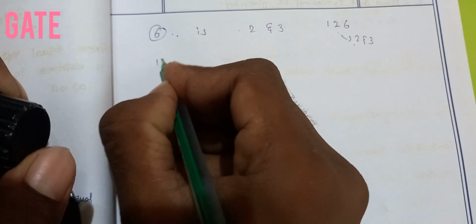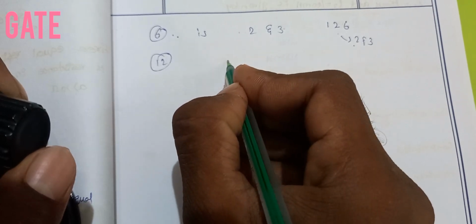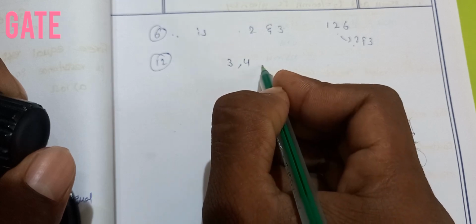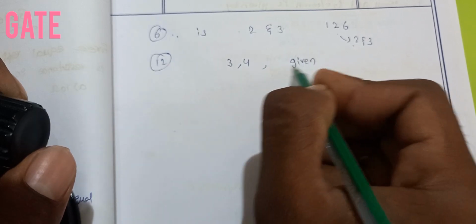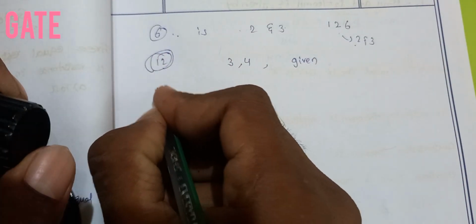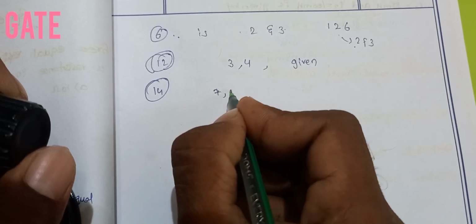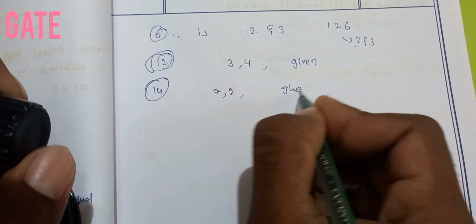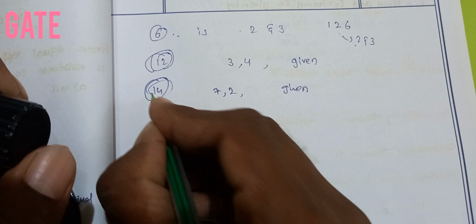Next, divisibility rule of 12. If a number is easily divided by 3 and 4, then we can surely tell that the given number is divisible by 12. Now divisibility rule of 14. If a number is divisible by 7 and 2, we can surely tell that it is divisible by 14.